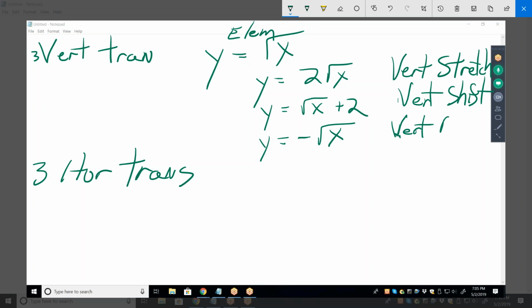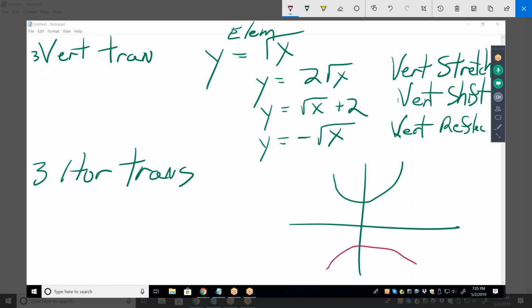Now, a vertical reflection is over which axis? The vertical or Y. If I vertically reflect that, it comes out looking like this. So which axis is it over? The X axis. Yeah, that's the X axis.